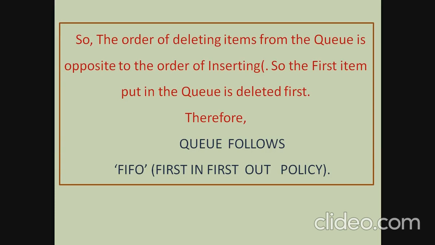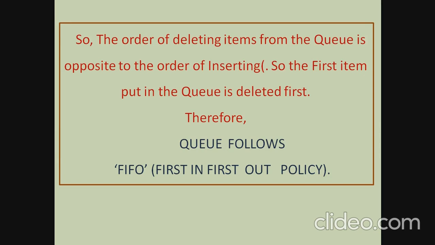We all know a queue is deleted from the front, and values are inserted in a queue at the rear end. So the order is different. Now, who left the queue first? The person who entered the queue first left the queue first.